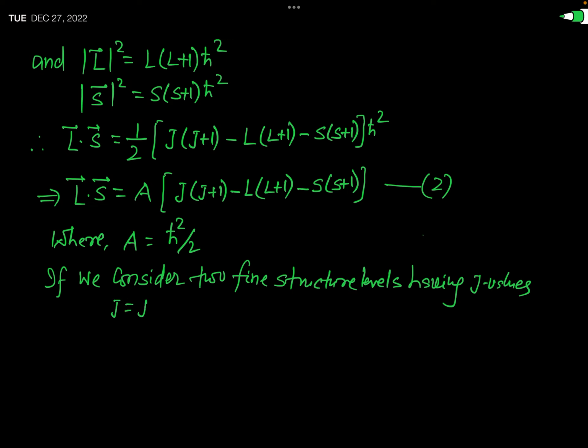Fine structure levels having j values j equal to j and j equal to j plus 1. Actually in LHS j is the symbol for j and in RHS it is the value of j. So in fine structure we consider two levels. The first one has the j value equal to j and another has j value equal to j plus 1.